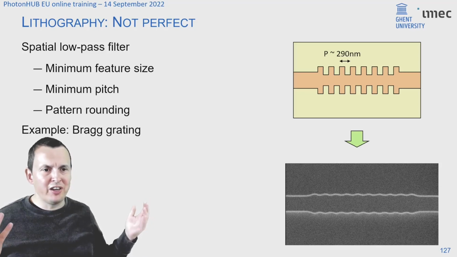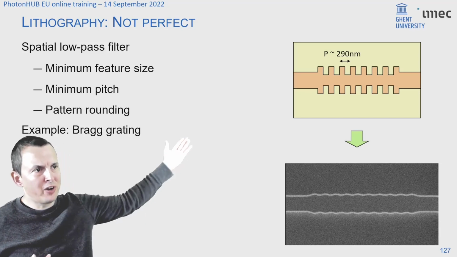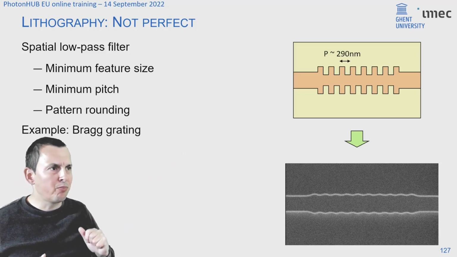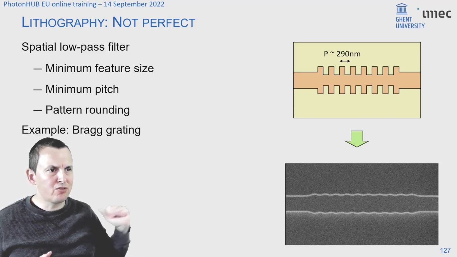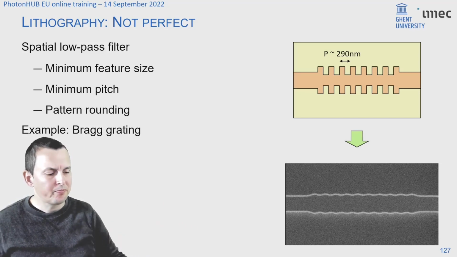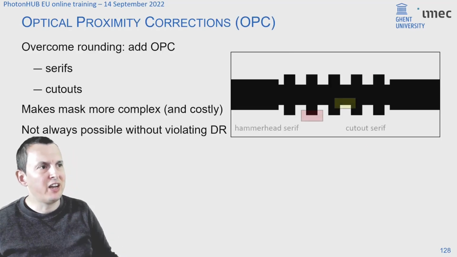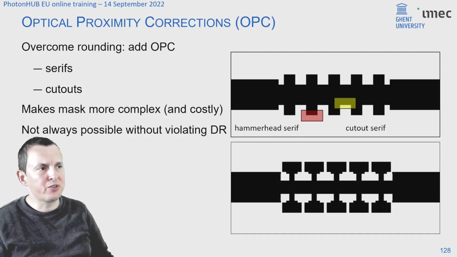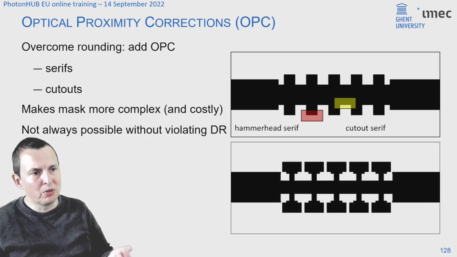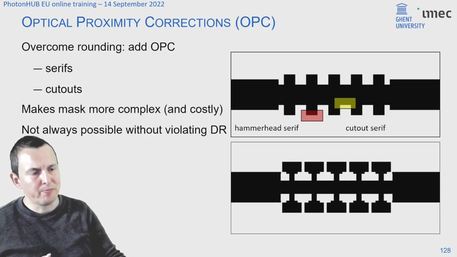Lithography is essentially an imaging system, which means it acts as a spatial low-pass filter. So if you draw something like there at the top with perfectly rectangular corners, you're going to end up with something that's rounded at the bottom. You can compensate for that, and there are some techniques that you can do prior to fabrication, like adding these computer-generated serifs or features that might help you correct some of those errors, but it's not always possible.